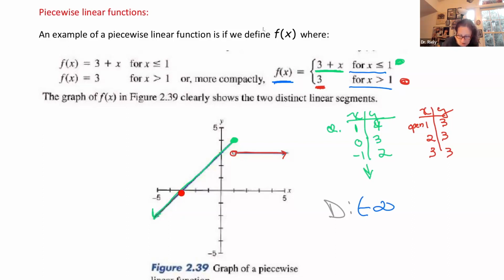I start going up here, going further and further to the right on X's. I then get stuck here. Because this point and this point have the same X value, I'm allowed to slide down here and continue on this domain. So that means that my domain ends up being all real numbers, or negative infinity to positive infinity.